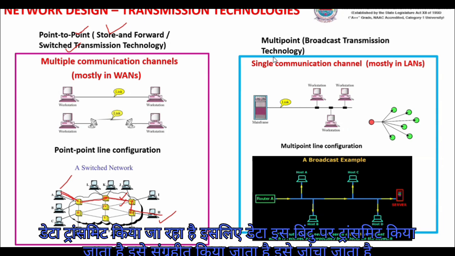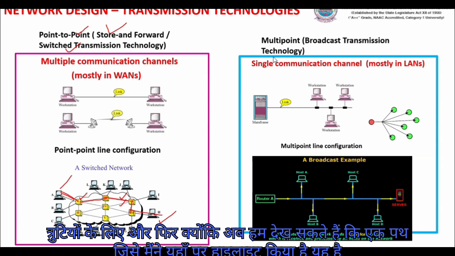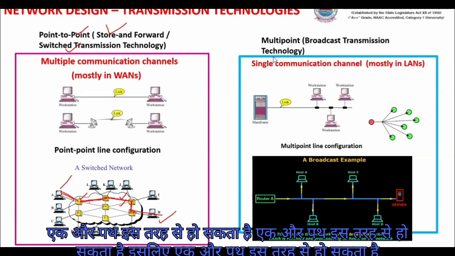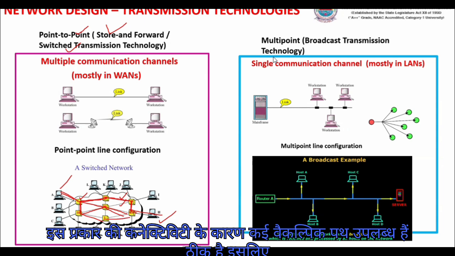Whatever data is being transmitted is transmitted to this point, stored, and checked for errors. Now we can see that one path which I have highlighted over here is this one. Another path can exist like this, another like this, and another like this.